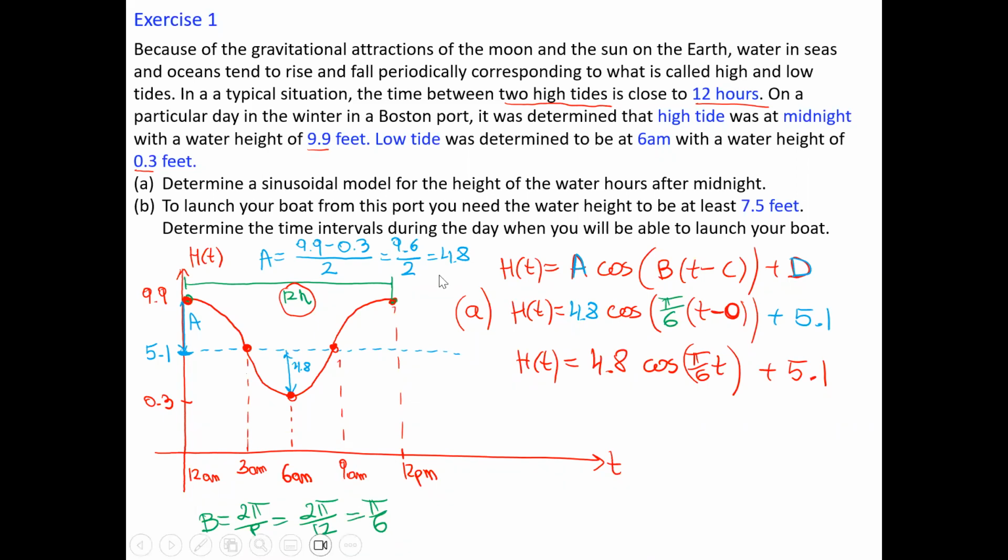Excellent. Now we have to figure out part B, when to launch the boat. To launch your boat from this port, you need the water height to be at least 7.5 feet. Determine the time intervals during the day.